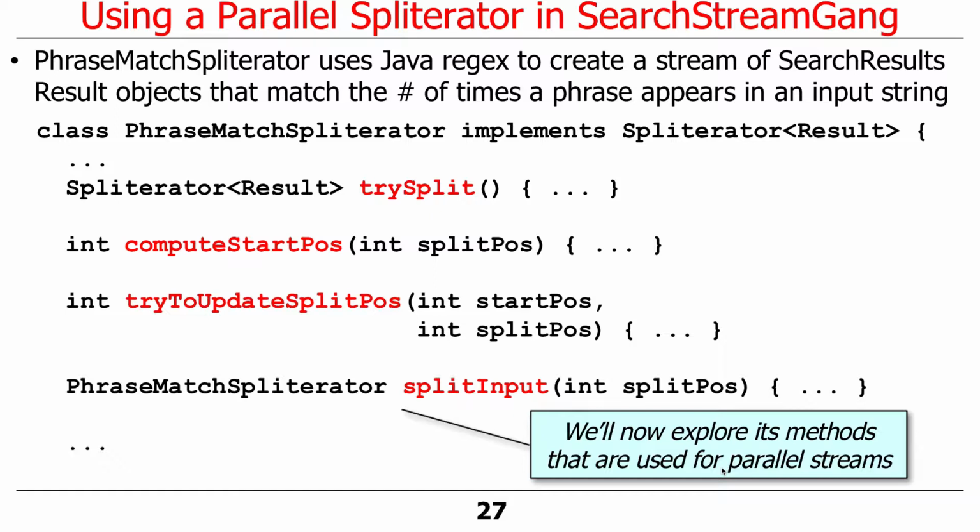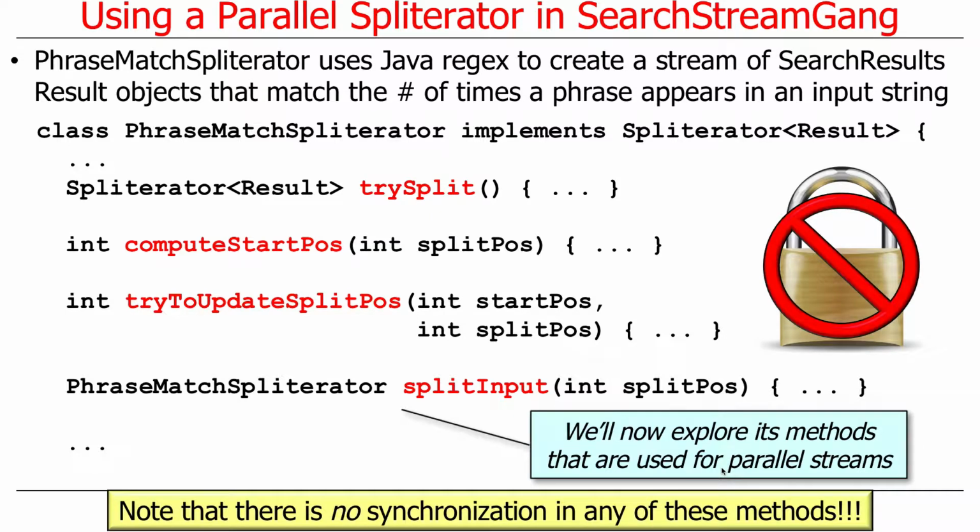So trySplit is the part that's going to break up the input into chunks that don't span across the phrase boundaries. The key method here is called trySplit. That's the one that's defined in Spliterator that we have to override and implement. These other ones are implementation helper methods to make this implementation a little bit easier to understand.